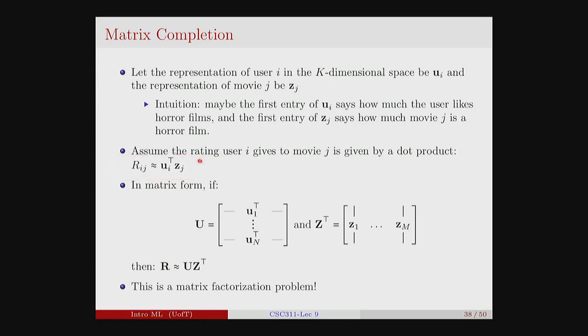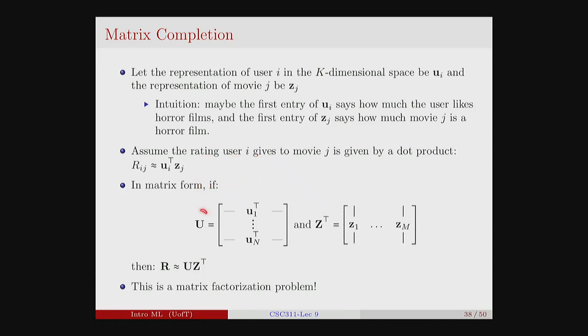So this is saying, it's over the k dimensions here, U_ik, Z_jk. We're saying the actual rating can be expressed as a linear combination of how much the user likes a particular latent concept times how much a movie expresses that latent concept, summed across all of the different latent concepts.